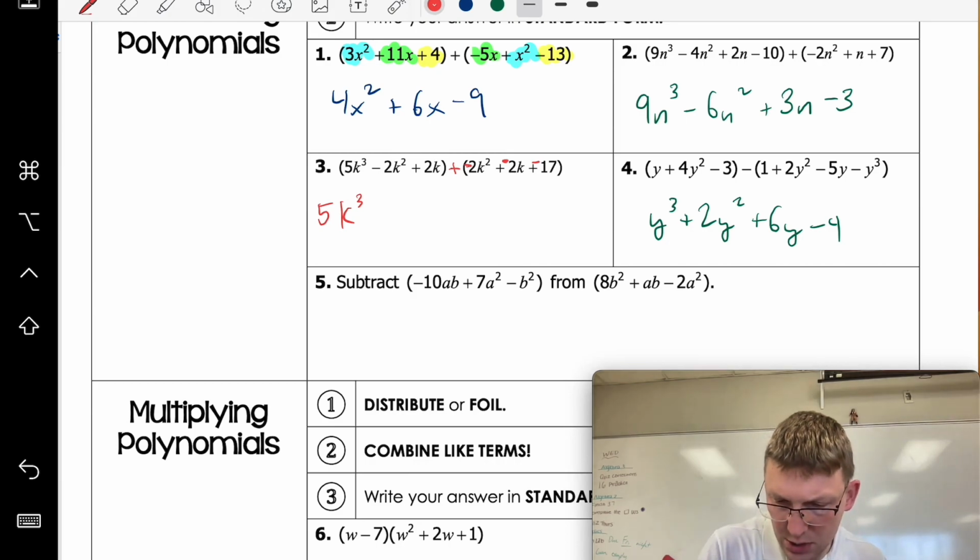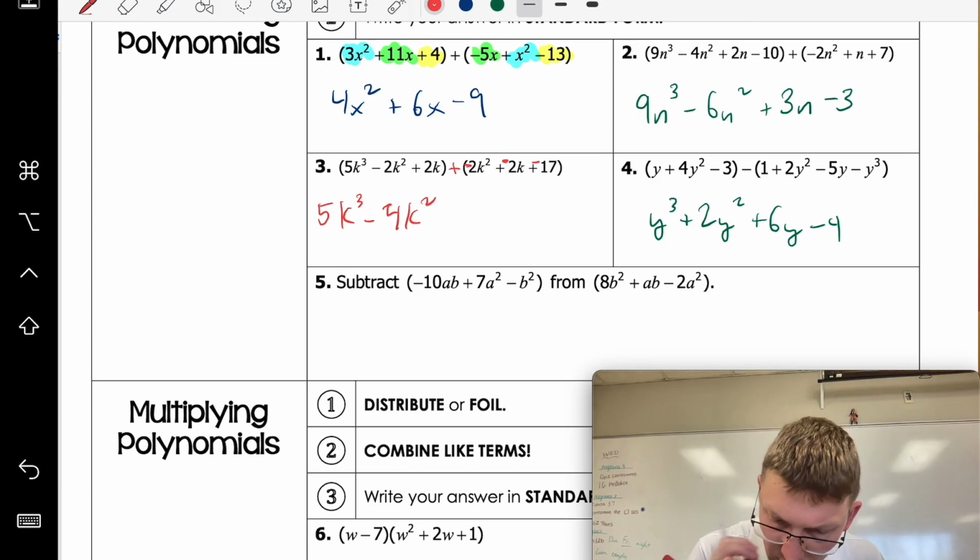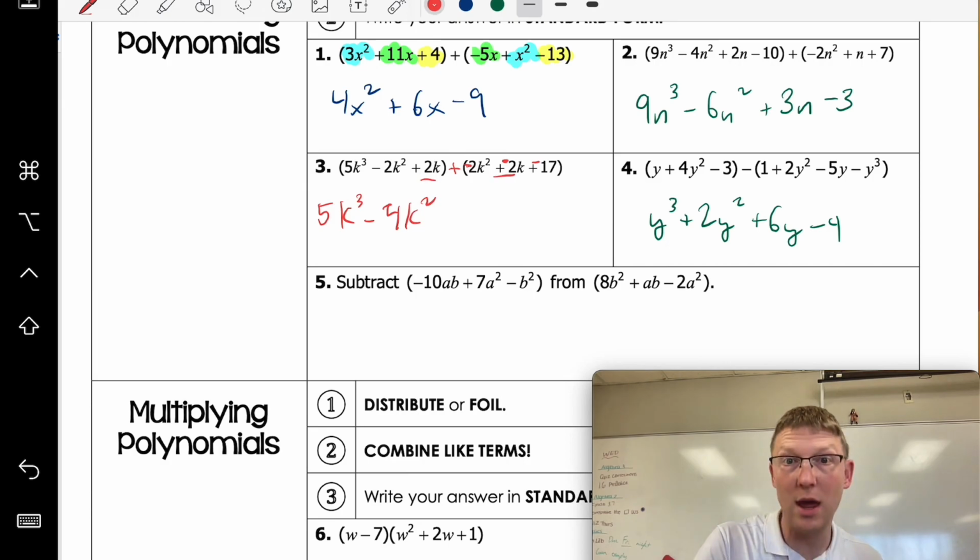Looking for squares, we're going to have negative 4k squared. Looking for just regulars, we've got 2k, negative 2k, so that cancels out, convenient enough. And then we just have minus 17.